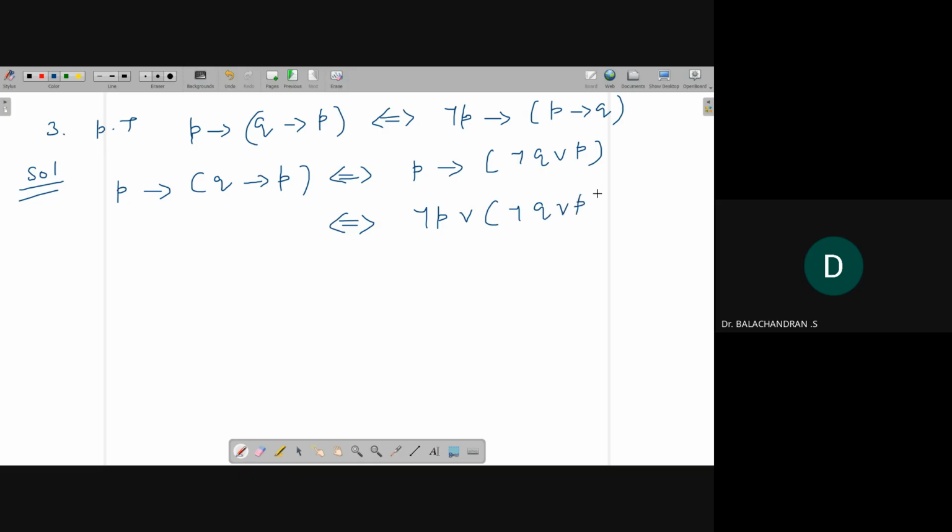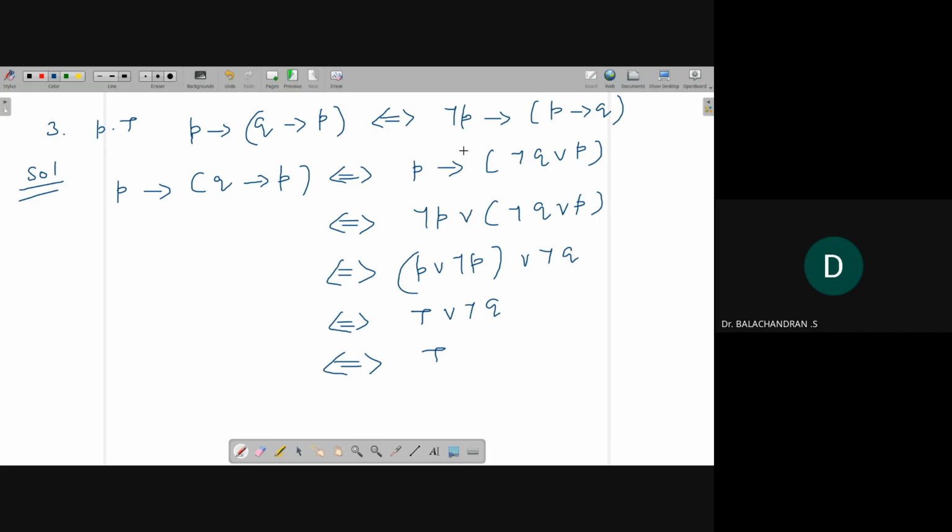So everywhere you have or, you can apply the associative law and commutative law, and you can write this is equivalent to (P or negation P) or negation Q, which is equivalent to T or negation Q, and T or anything is T. This is the left hand side.